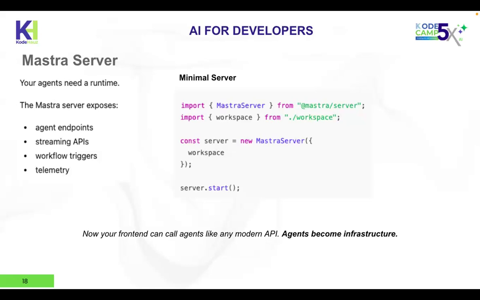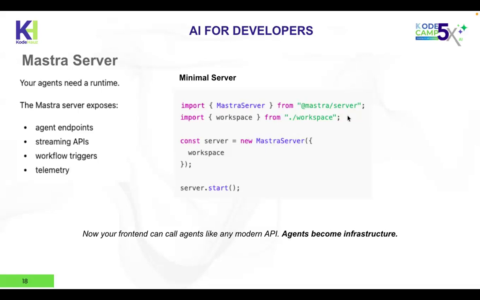Because your agents will need a runtime, they will need something they can connect to. Yes, you can build servers with other things. You can build with LangChain, LangGraph, LangServe, and so on, right? You can use a FastAPI backend. You can use all kinds of things. But Mastra also gives you this, so you can essentially create an endpoint for your agents.